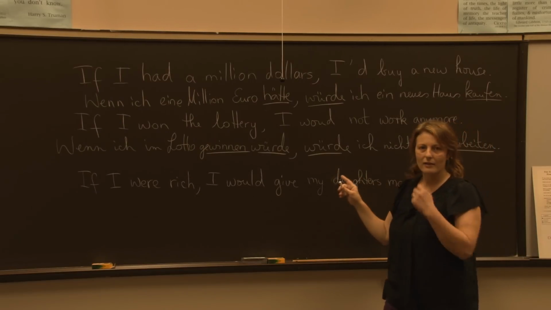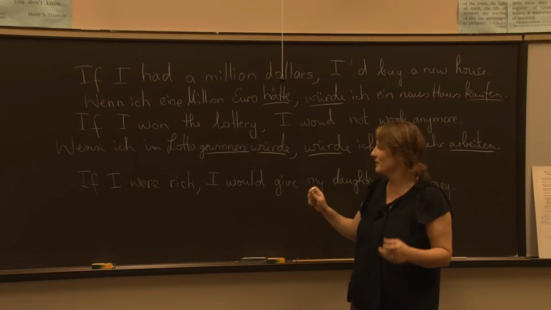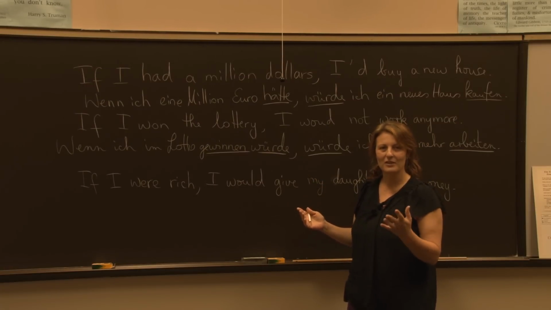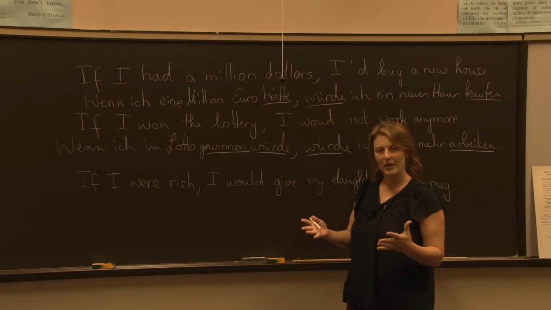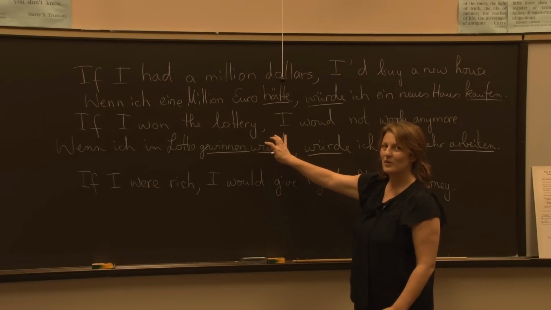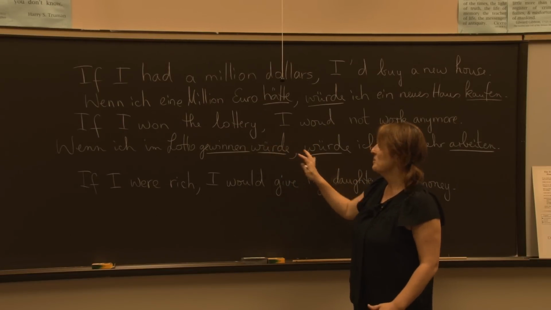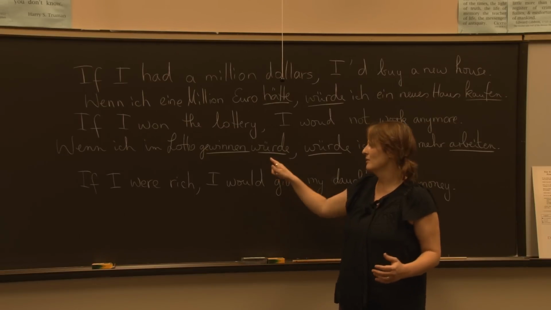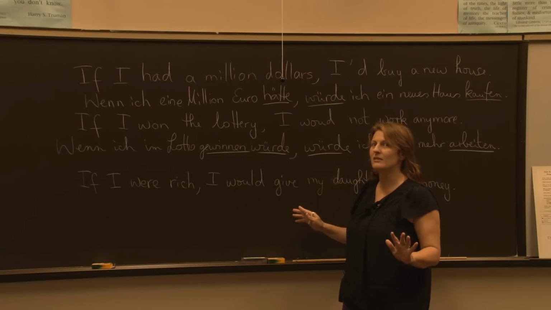This is something that gets my students all the time, and you'll have to do this too, when they write their little paper about what would I do with $1 million, they usually omit one of the two würden because in English it sounds weird. If I would win, I would, and then would together, oh, that must be wrong.